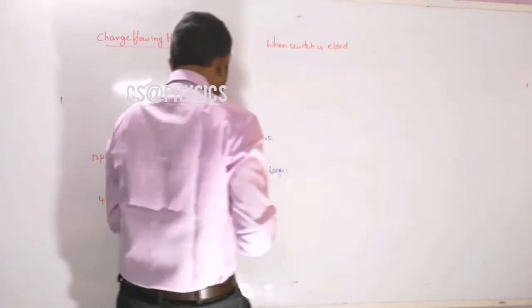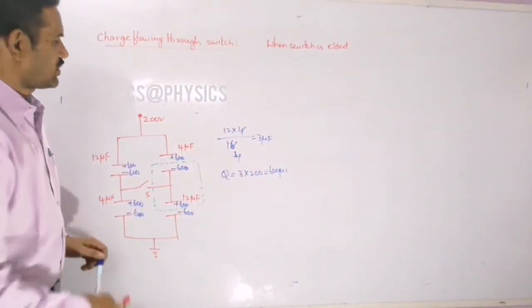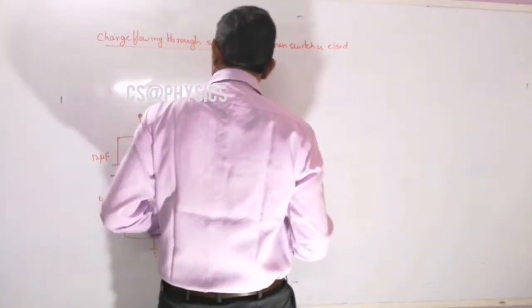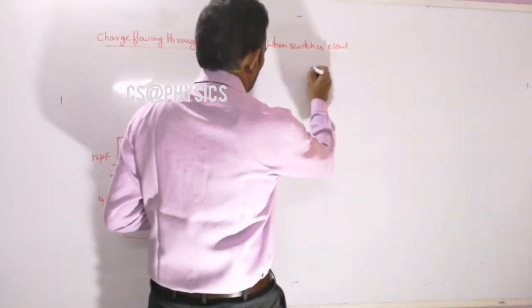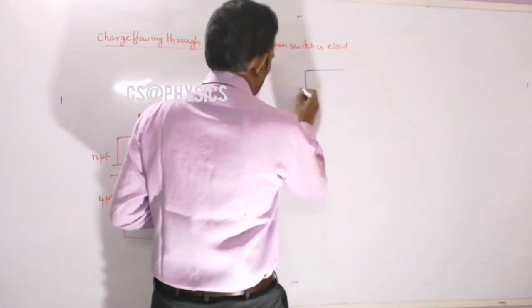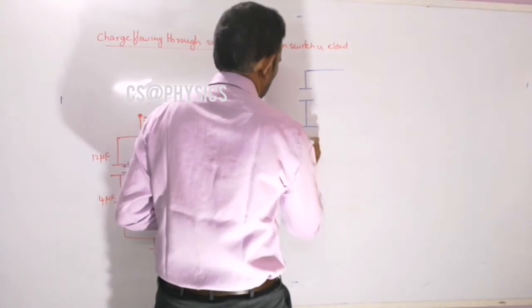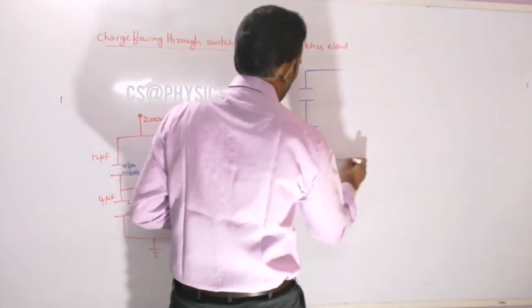So then the resulting circuit we can draw it as, let us see this resulting circuit here. So then those two capacitors, that 12 and 4 combination, will become parallel. So that means now the plates we can represent like this, and here another capacitor is there like this.